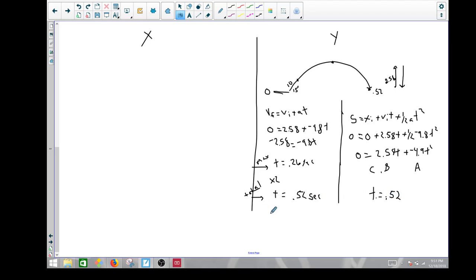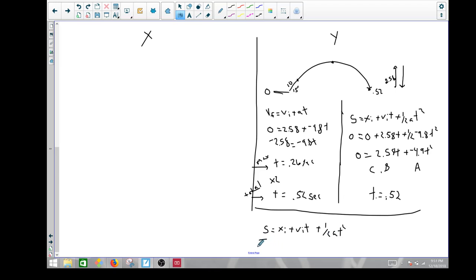Okay. So next thing, what's my maximum height? Again, I'm just going to keep going here because I'm on the y component. I just want to know my position at the time of max height, which equals xi plus vi t plus 1/2 a t squared.